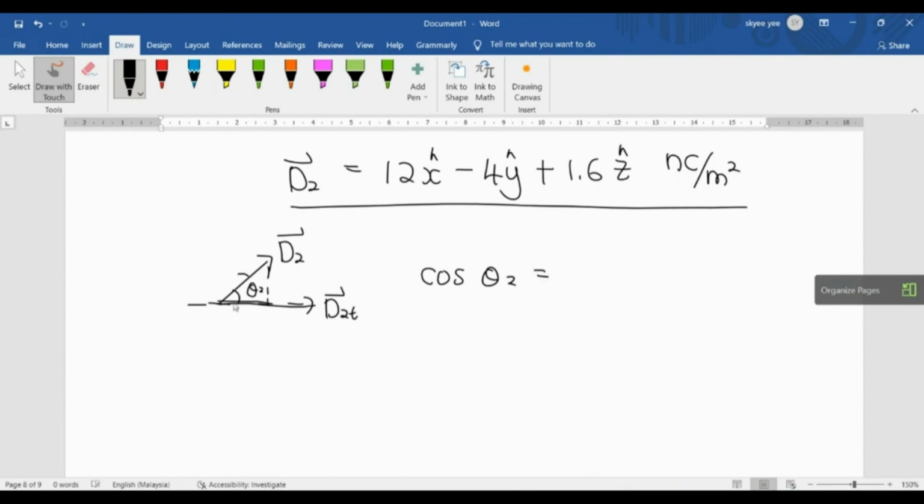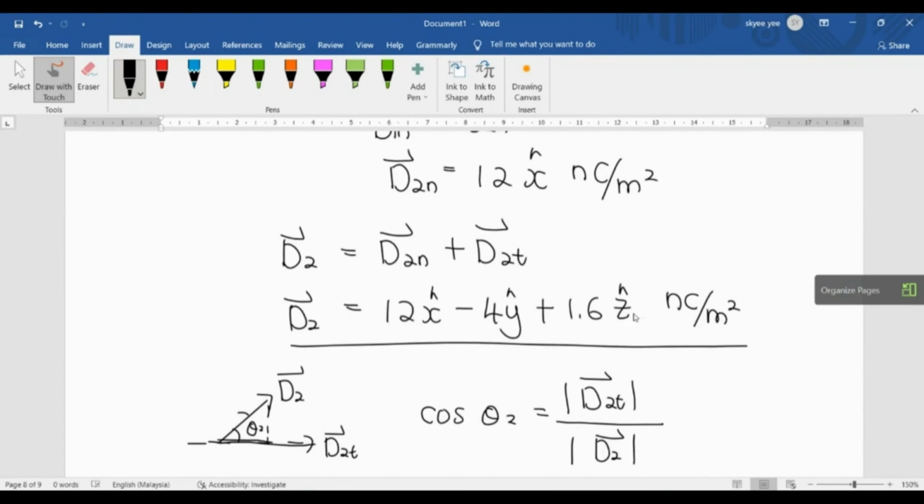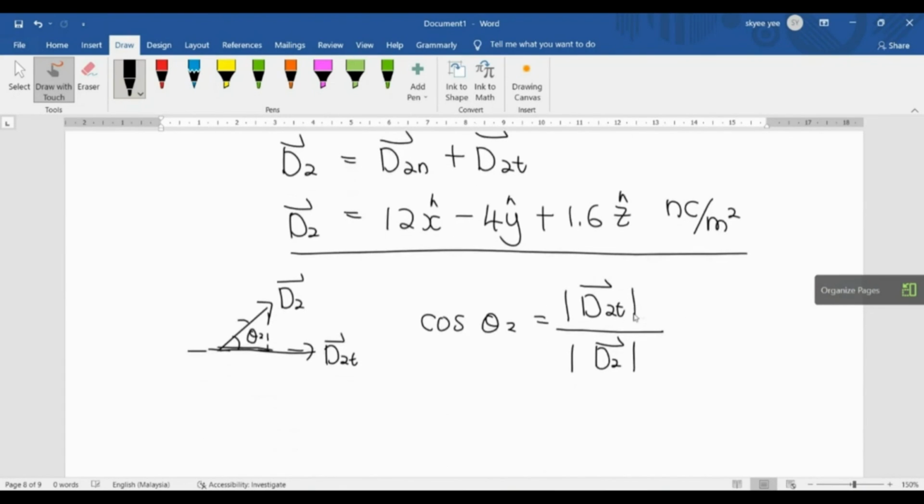Now the adjacent, the magnitude of D2 tangential, divided by the magnitude of D2. For D2 tangential, this will be the square root of 4 squared plus 1.6 squared, which is 18.56.